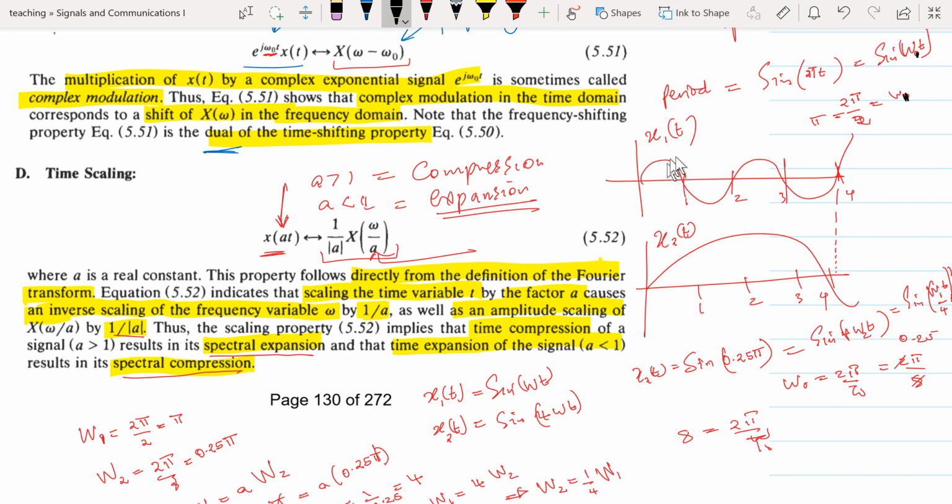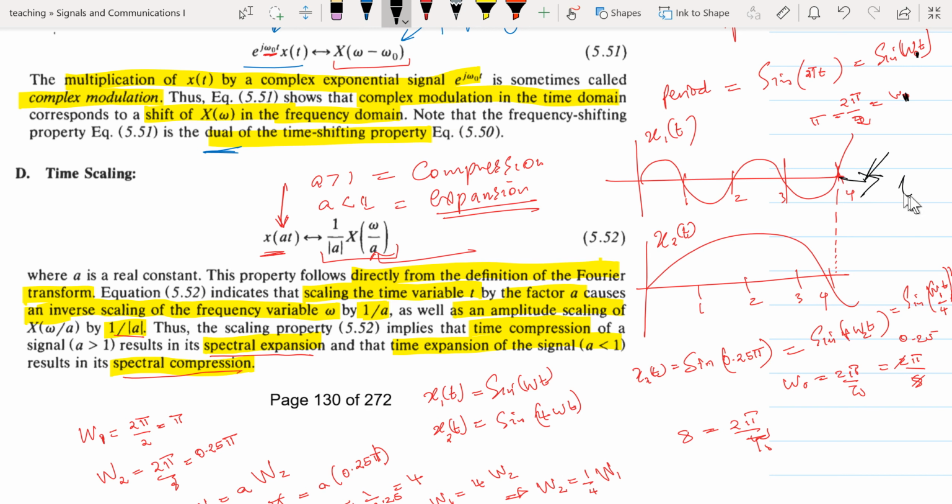So here I've just brought in some diagram to illustrate how the compression and expansion works. And I have brought in a signal having a period of 2.